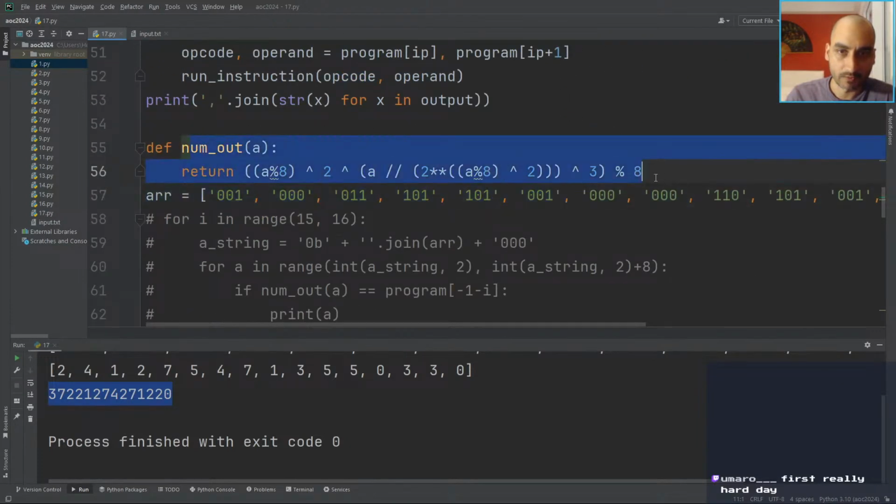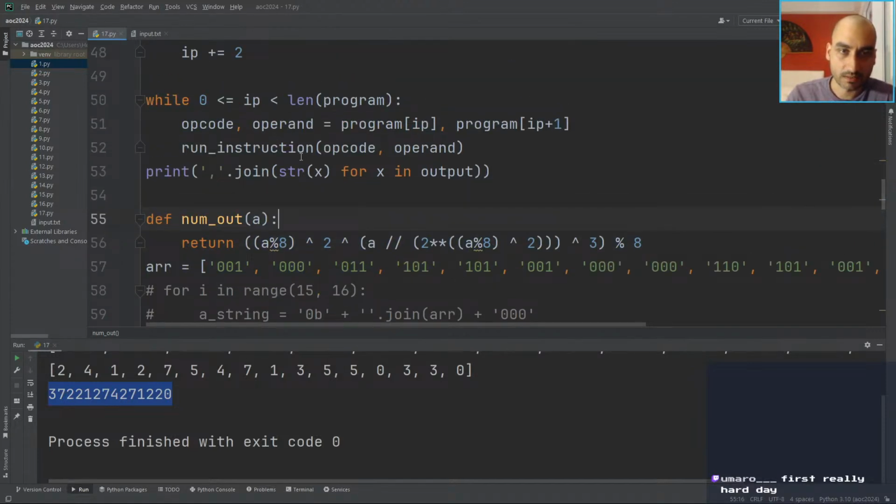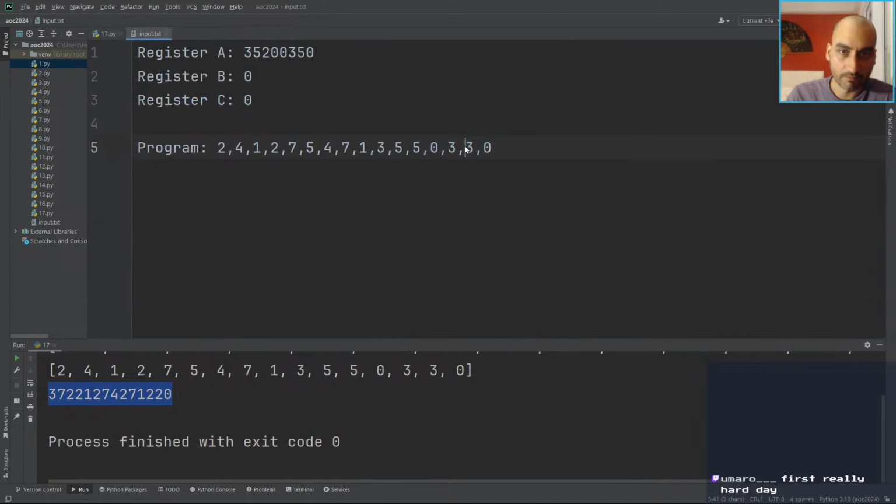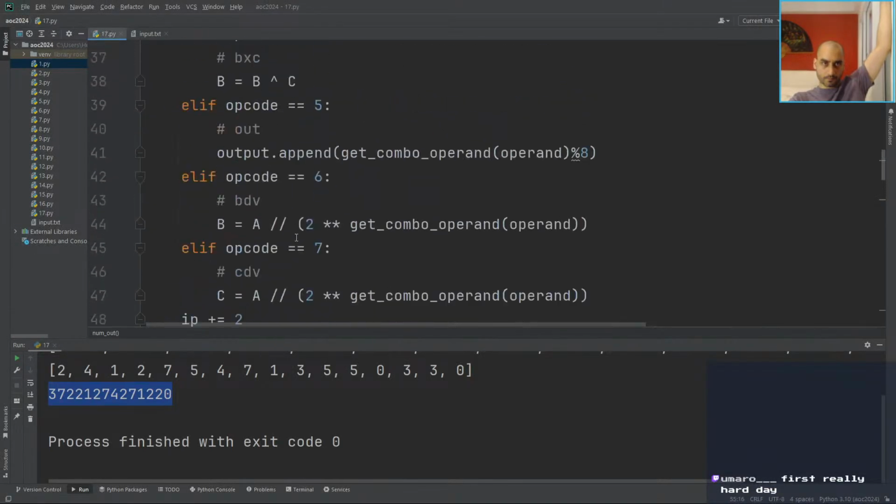Or we can redefine this as the program without the jump at the end. It's just program minus the jump, and run it on A and 0, 0.